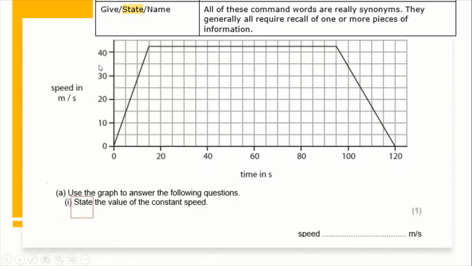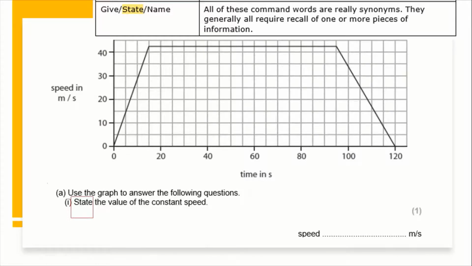As we can understand, 1 square in the vertical axis represents 5 meters per second. So definitely our value should be between 40 to 45. Looks like it's between 40 and 45.